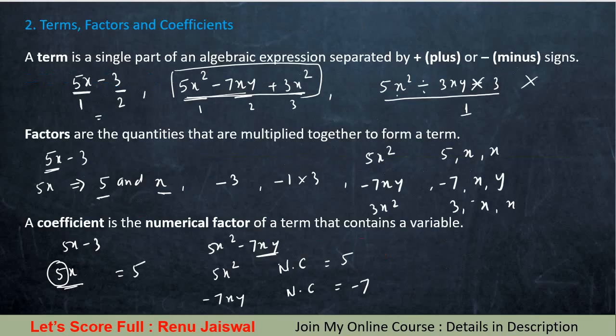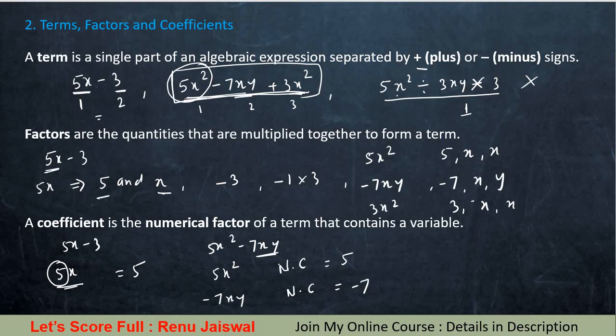Next we have learned terms, factors and coefficient. The terms we use in an algebraic expression. A term is a single part of an algebraic expression. An algebraic expression can be long; out of that, only one part which is separated by plus or minus is known as a term.